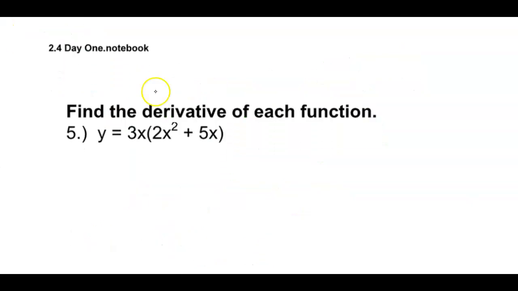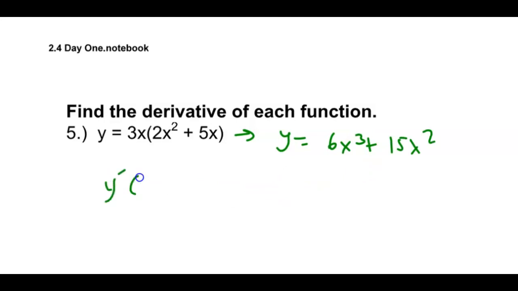Now right here it says find a derivative for each function. This one you just distribute first. So y equals 6x cubed plus 15x squared. And now find the derivative.